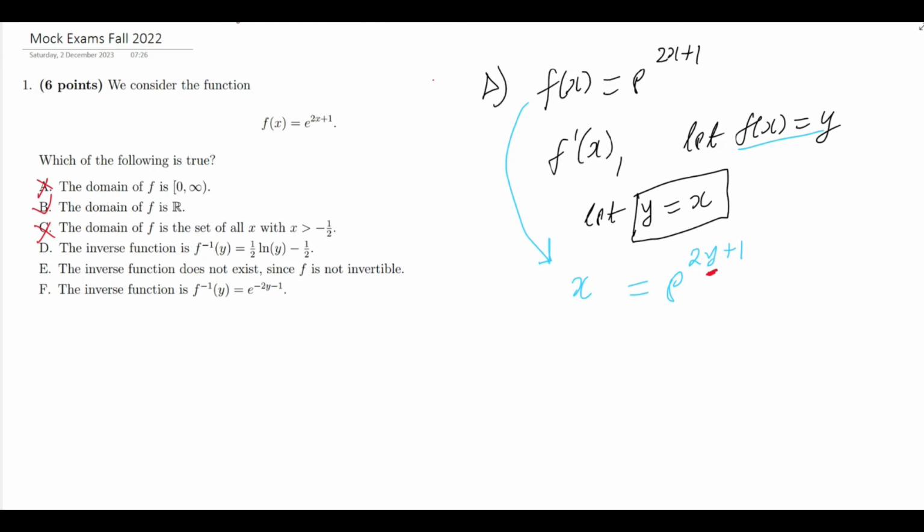Since this is an exponential function, we are going to take a natural logarithm on both sides. For those who do not know what I did, there is a theorem which states that, let me use a different example, e to the ln of x is actually x.